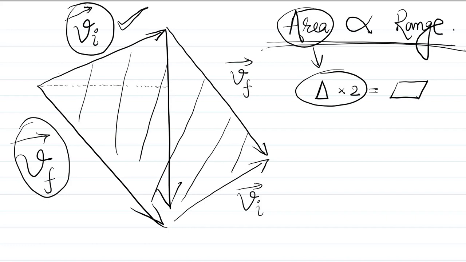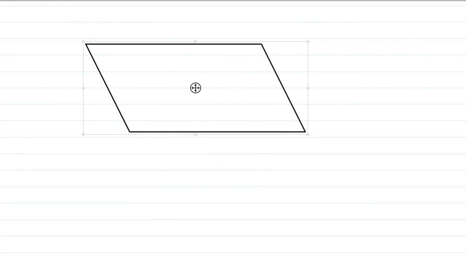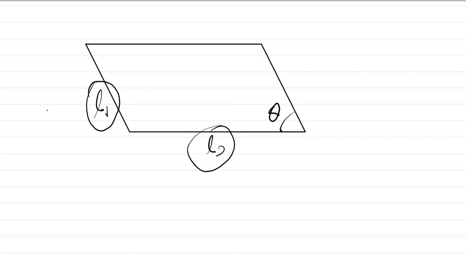Now we will use another geometrical concept. That concept of geometry is, if we have a parallelogram like this, with given lengths of sides L1 and L2 and this angle as a variable angle, suppose theta, then for what value of theta is the area of this parallelogram going to be maximum? Assume that L1 and L2 remain fixed, and with given fixed values of L1 and L2, for what value of theta is the area going to be maximum?